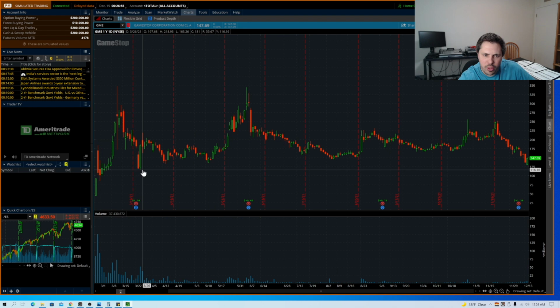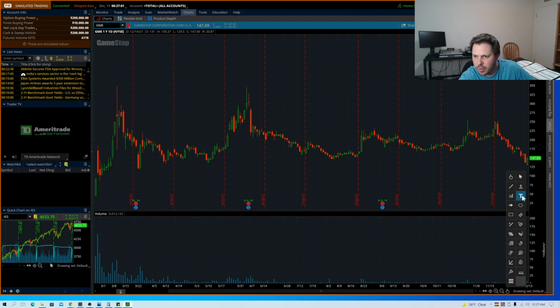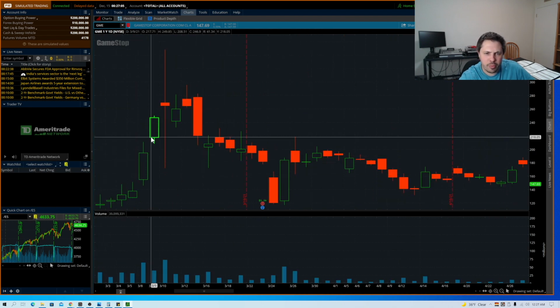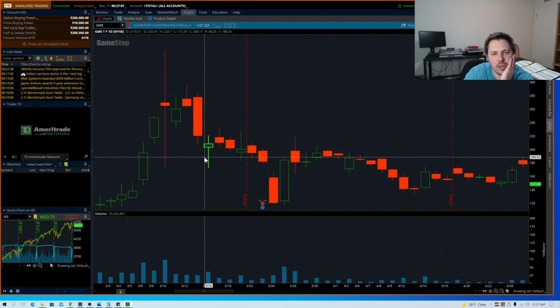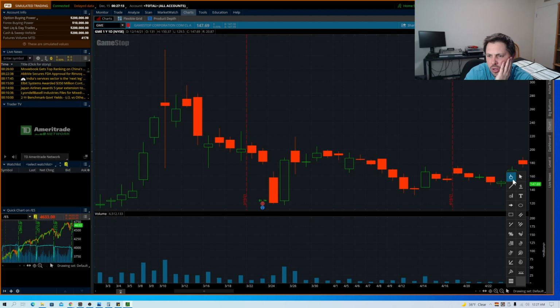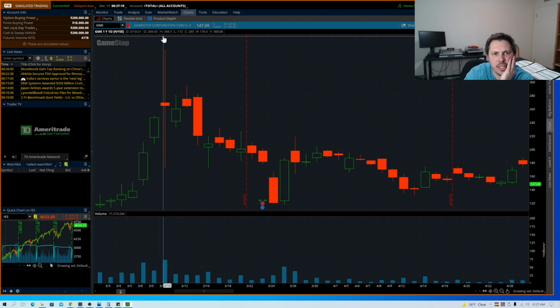When we look at something like this, we'll take this big green one right here. We can see the high, the low, and the close here.